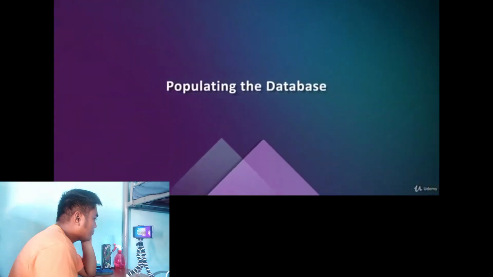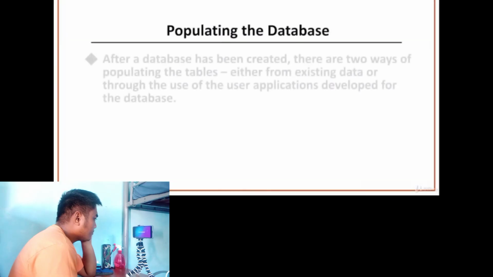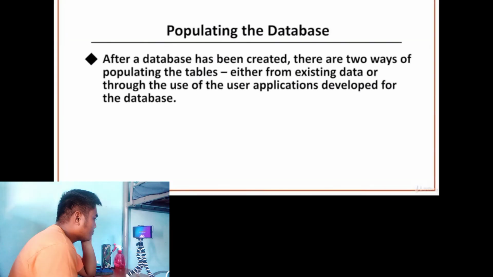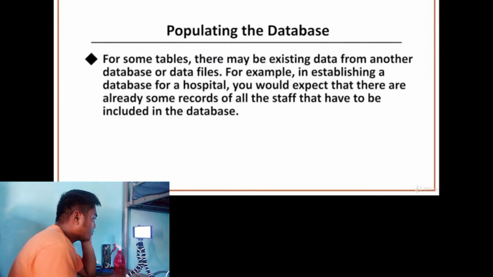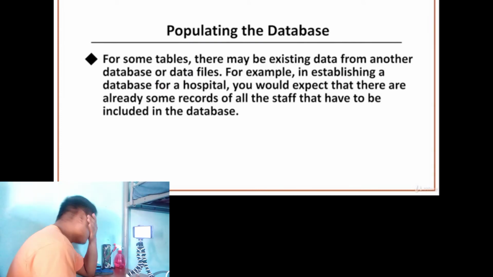Populating the database. After a database has been created, there are two ways of populating the tables, either from existing data or through the use of the user applications developed for the database. For some tables, there may be existing data from another database or data files.